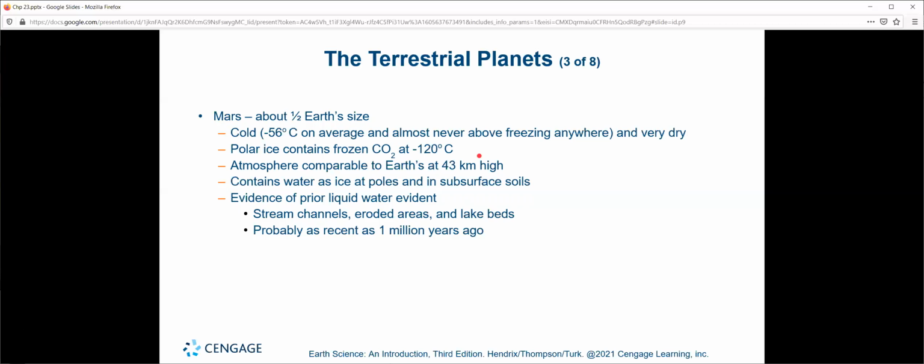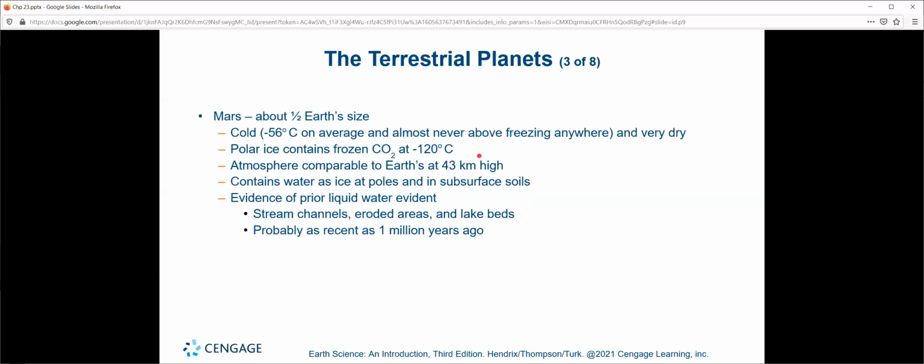It does have an atmosphere, extending around 43 kilometers high, but there's not as much of it. Everything about this slideshow is constantly being updated in astronomy, in the day-to-days of science. It says here it contains water ice at the poles and in the subsurface soils.